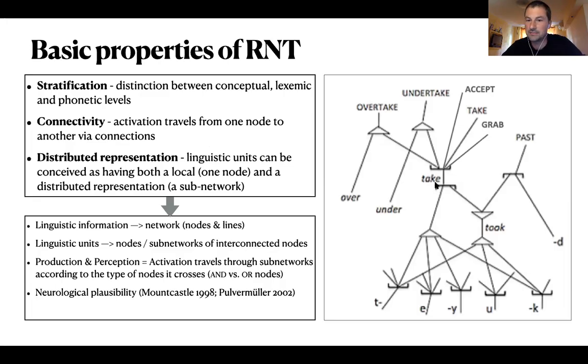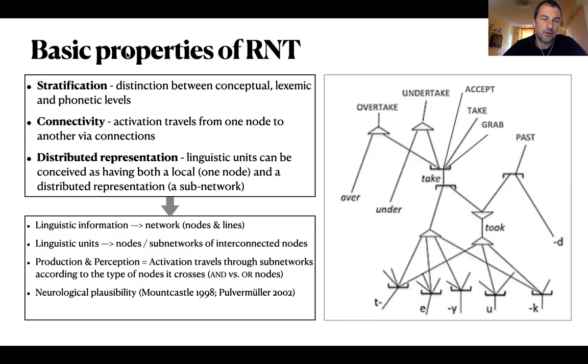For example, the lexeme take, which would be this node in the central part of this diagram, and a distributed representation. That is, we could think of the lexeme take as being the whole subnetwork composed of all the lines and nodes directly or indirectly connected to this cardinal node.